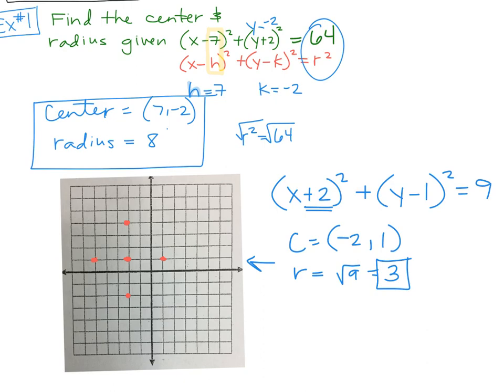The rest of it is going to be a freehand sketch. Just don't make it look like a square, okay? If you make it look like this, I won't give you credit for drawing a circle because it just doesn't look anything like a circle. As long as it has some form of curvature to it, it's acceptable, okay? So your circle would look something like this.